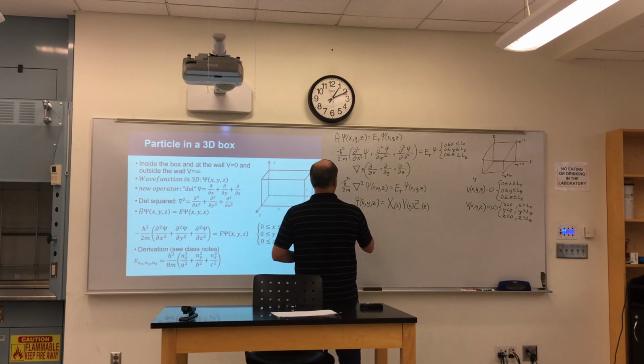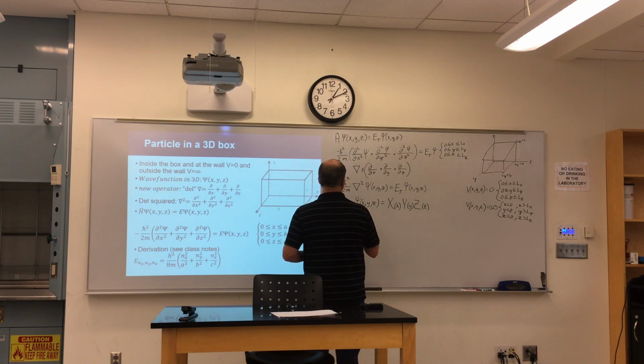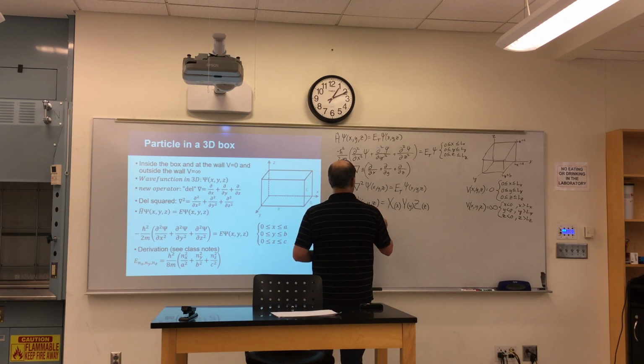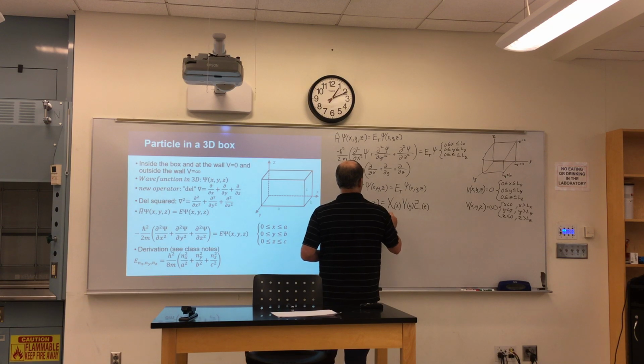Okay, so our total energy would then be equal to the energy in the x direction plus whatever the energy is in the y direction plus the energy in the z direction.